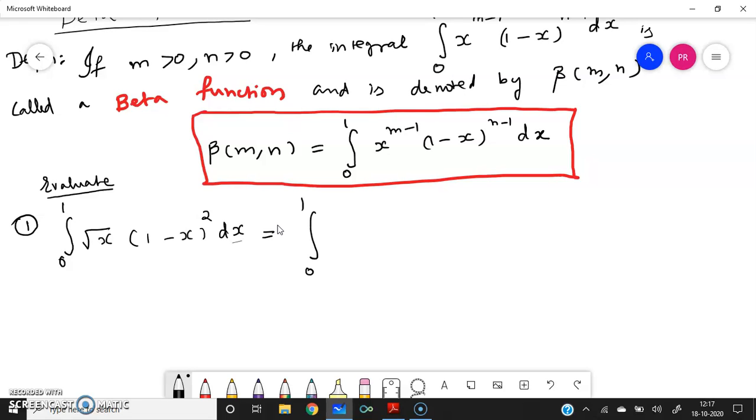What is square root of x? Square root of x is x to the power of half.